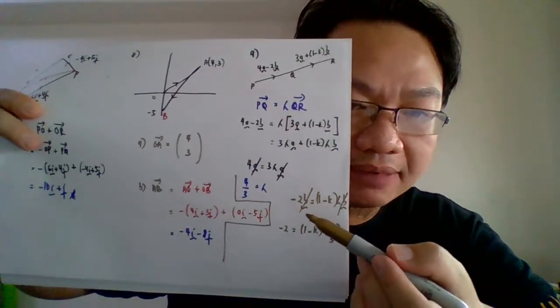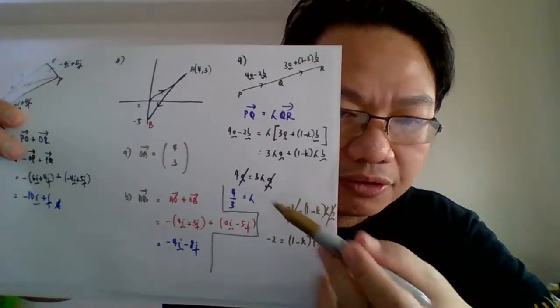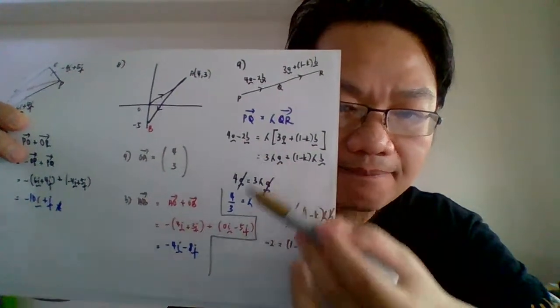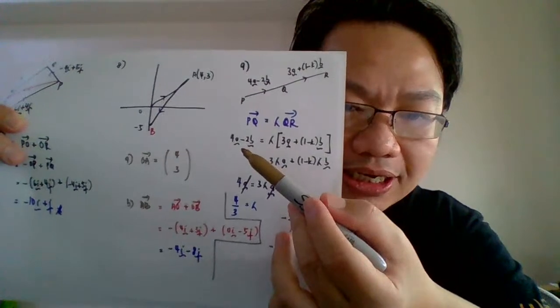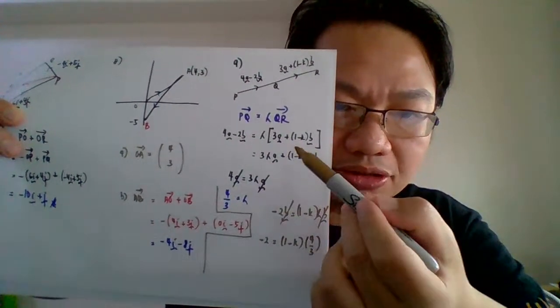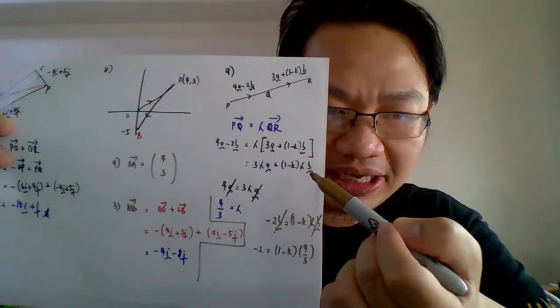Now how to find the letter K? To solve for K, we have negative 2B equals (1 minus K) lambda B, right? And B cancelling, negative 2 equals 1 minus K, lambda is 4 over 3. So, we want to find the K. The negative 2B, I put it here, equals bracket something lambda B, right?